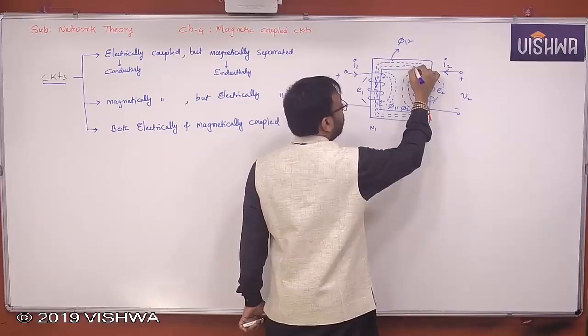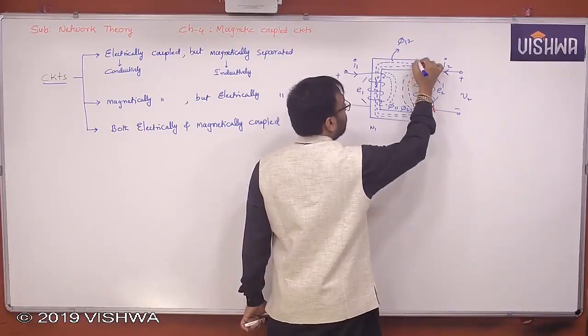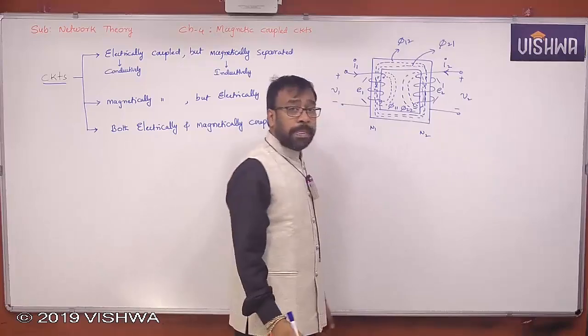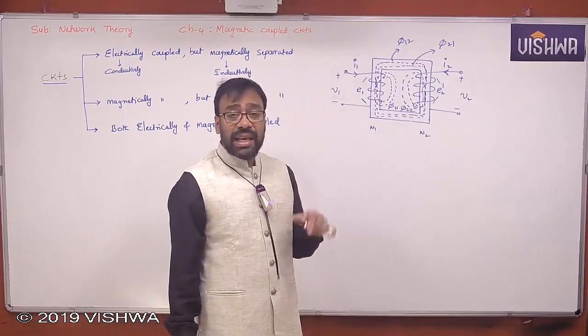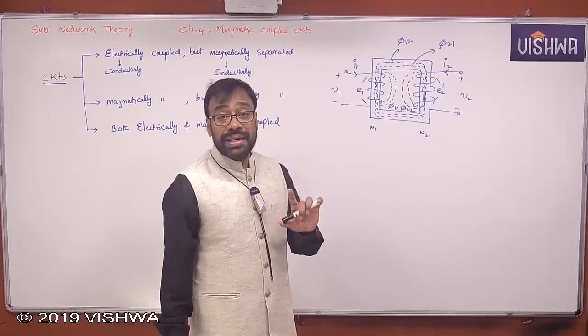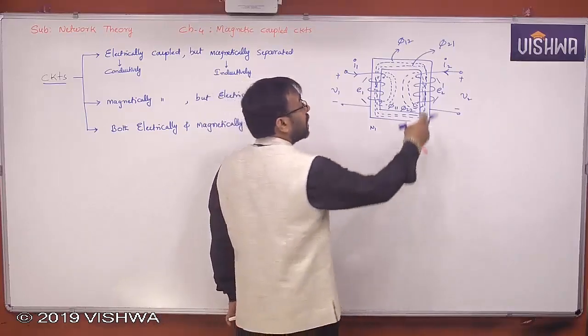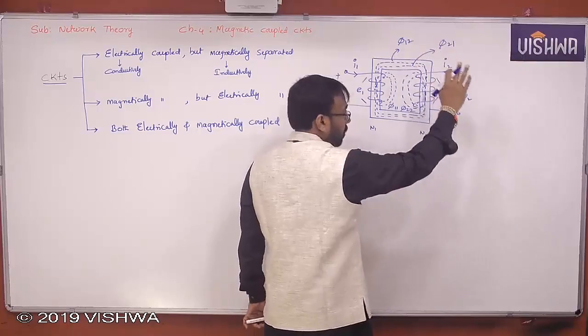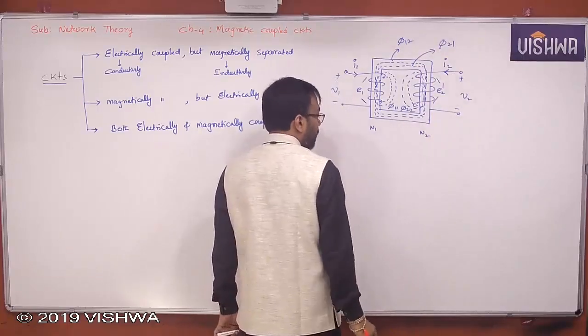You call this particular flux phi 1. What do you mean by phi 1 here? The flux linking with the primary coil when you energize the secondary coil. I hope you understand the point.